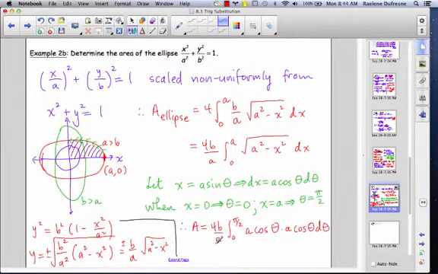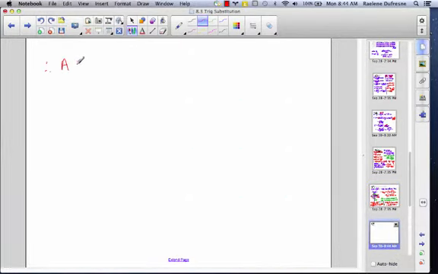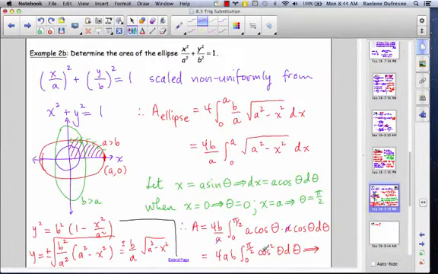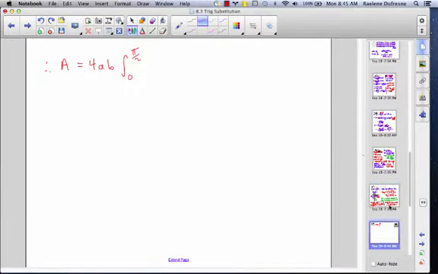One of the a's in the top and the bottom reduce, and we're left with 4ab times the definite integral from 0 to pi by 2 of cosine squared theta d theta. So therefore the area can be rewritten as a definite integral involving a trig substitution like we saw in the previous example, which is now a basic integral.